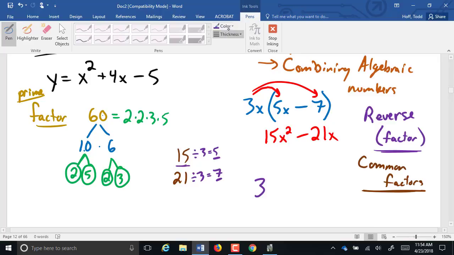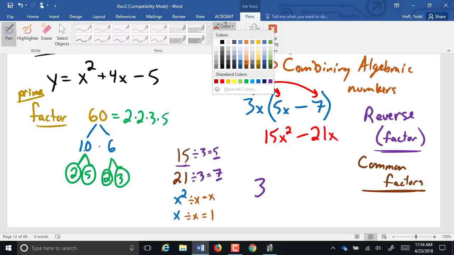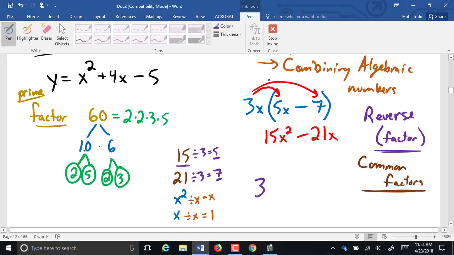Now we look at the variables. We have x and x squared. If we look at those, the biggest thing that either of those can be divided by, well, they can each be divided by x. X divided by x is 1. X squared divided by x would be just x. When we're looking at variables, by the way, the common factor is always the smallest power.